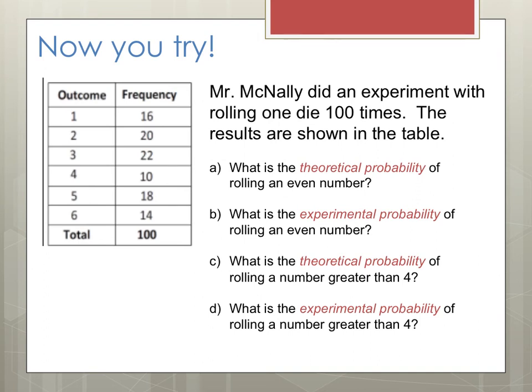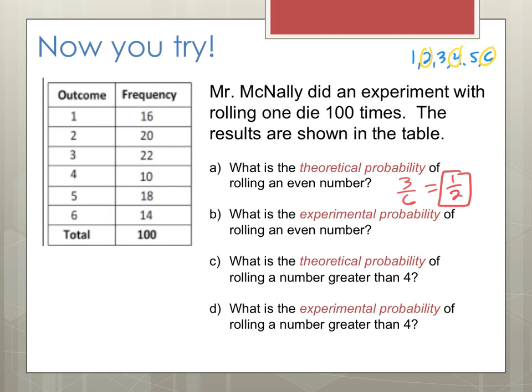So in the first one, theoretically, if I roll a die, here are my outcomes. I get 1, 2, 3, 4, 5, or 6. So theoretically, if I roll it 100 times, theoretically 3 out of 6, right? 3 out of 6, or 1 out of 2 chance, I should get about a 50% chance of rolling an even number.